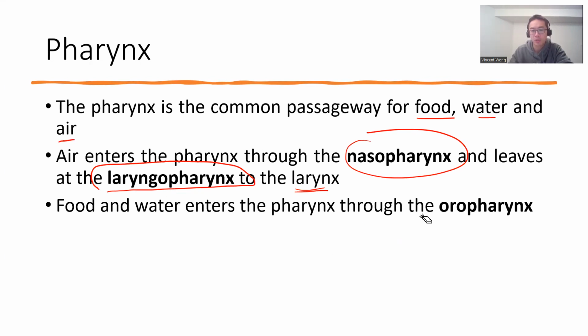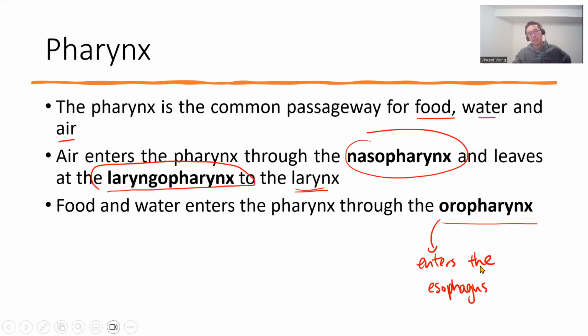And food and water or other things that you drink go through the oropharynx, and then it enters the esophagus. The esophagus is behind your trachea, behind your airway.